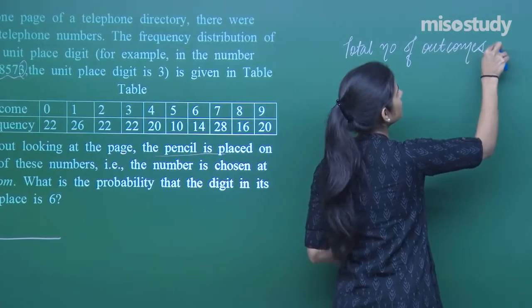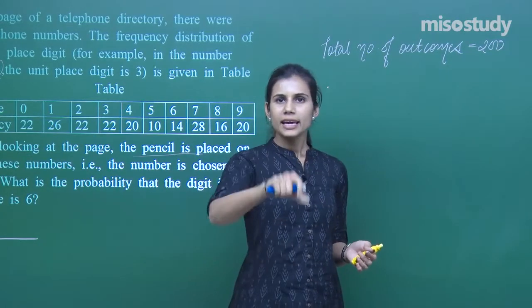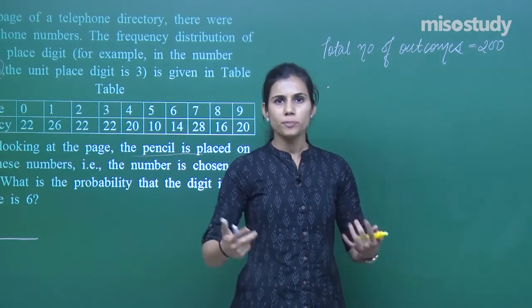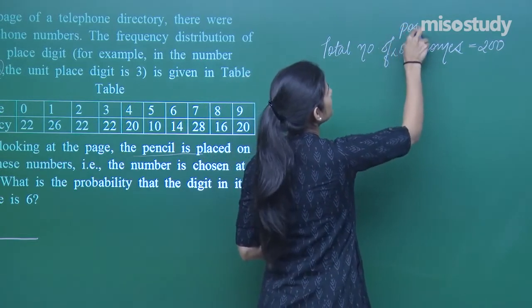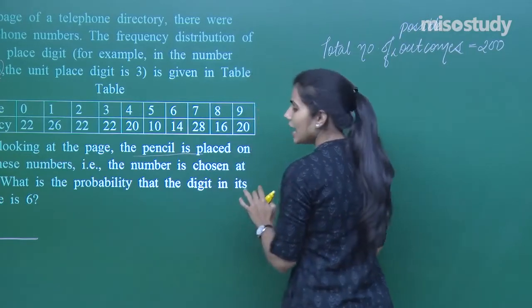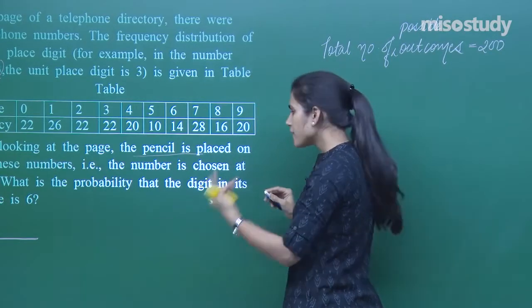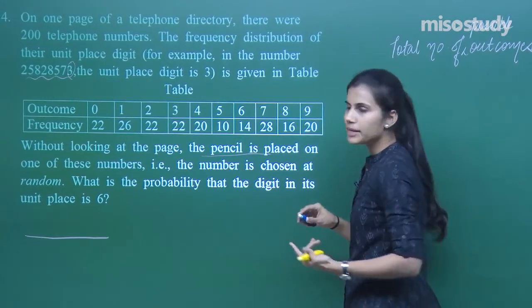So, if the total number of outcomes are 200, okay, 200 phone numbers are there, any one can be selected, so 200 possible outcomes are there. And the number of outcomes which are favoring this event of getting a phone number in which unit place is 6.